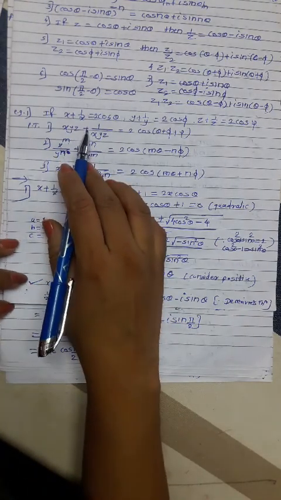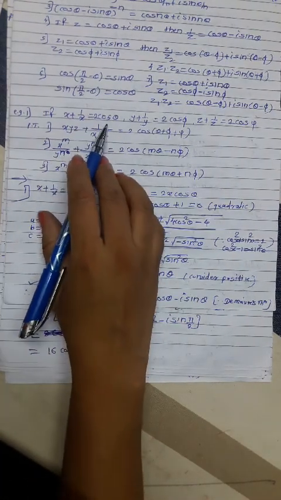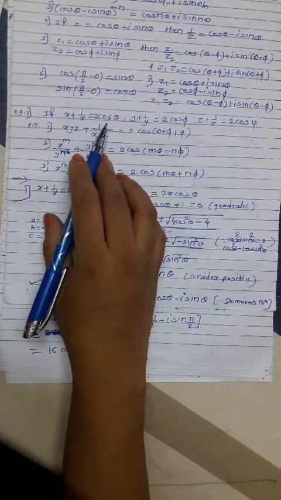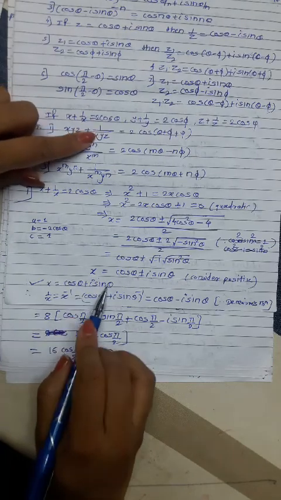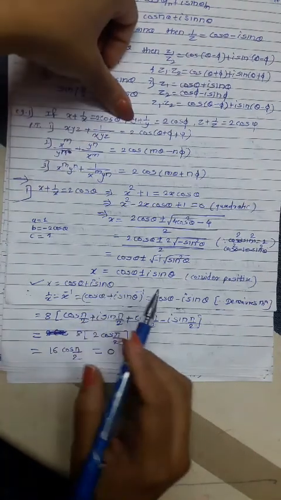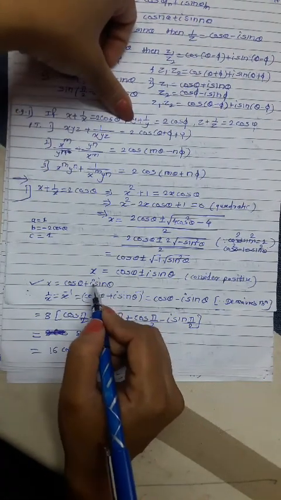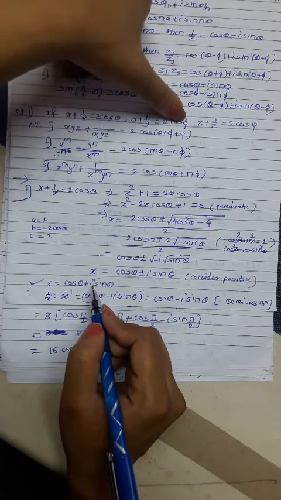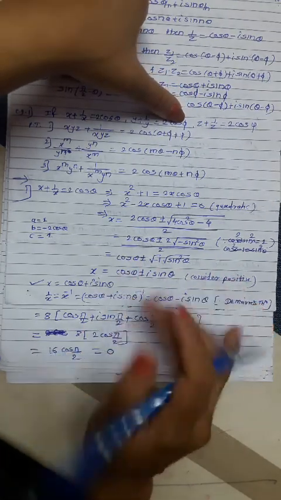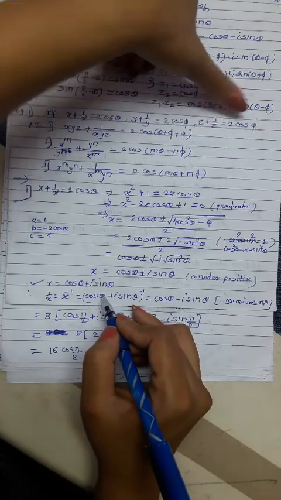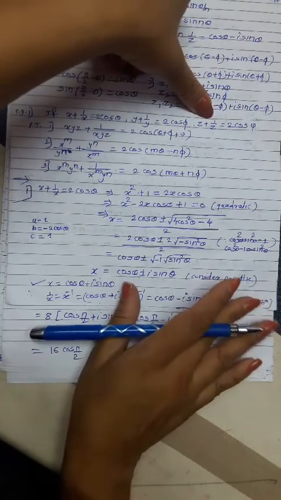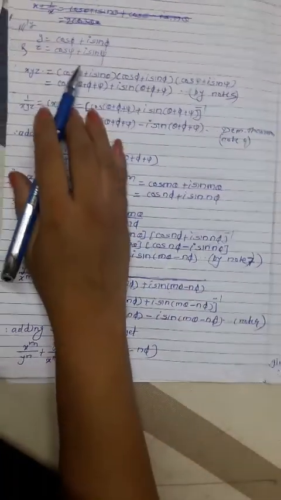If x plus 1 by x is 2 cos theta, we get x is equal to cos theta plus i sin theta. Then what will happen to y? y becomes cos phi plus i sin phi, just the angle gets changed, and z becomes cos psi plus i sin psi.